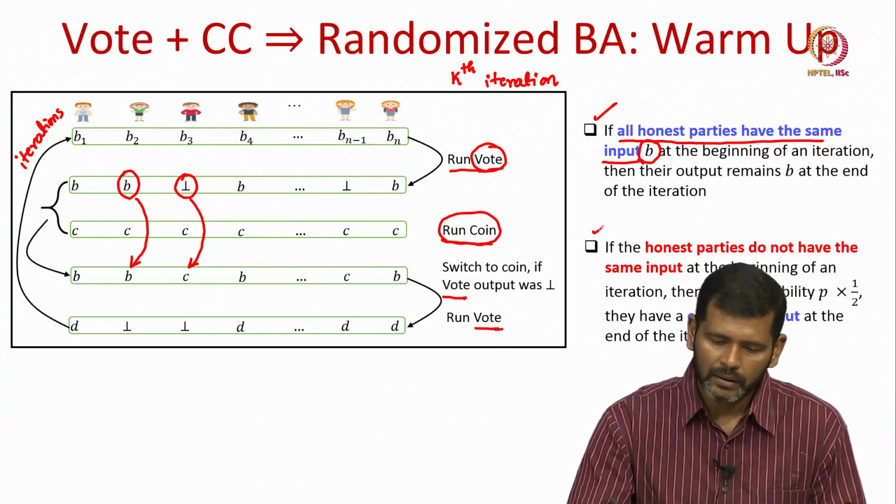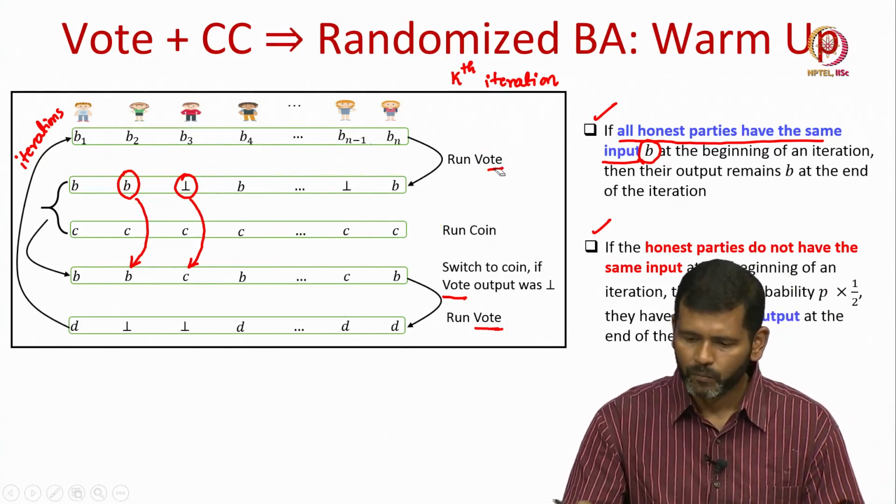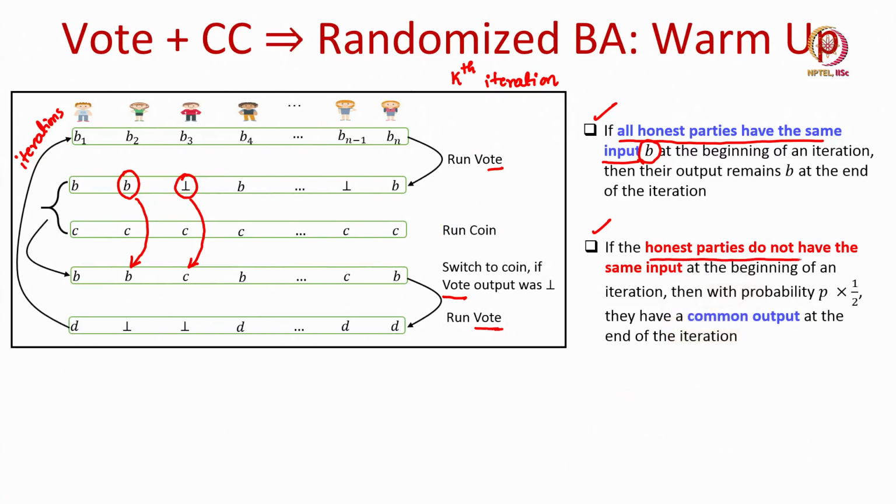And the second property that we proved was that if in any iteration the honest parties have a mixed bag of inputs at the beginning, then with probability at least p over 2, they will have a common output at the end of the iteration, and here p is the commonness probability of your coin primitive.